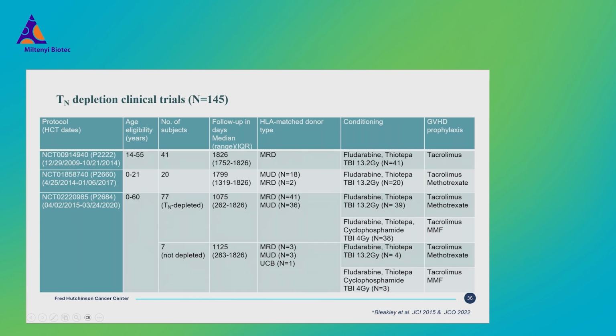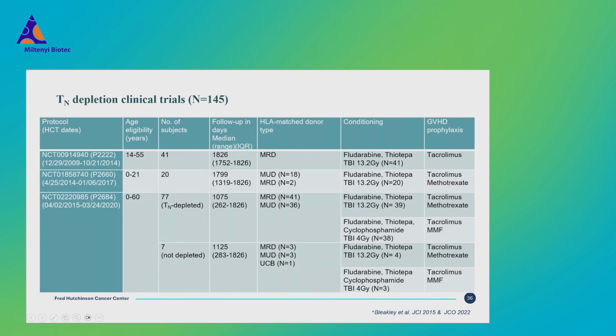In the second trial, this was performed in pediatric patients, also patients with leukemia, and those patients also received intensive myeloablative conditioning, and this time in the context of mostly being unrelated donors, we added back some mini-dose methotrexate.